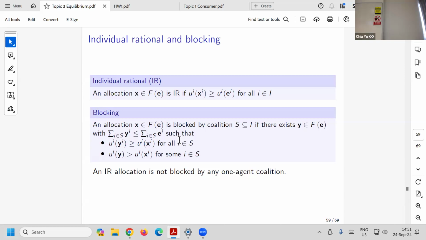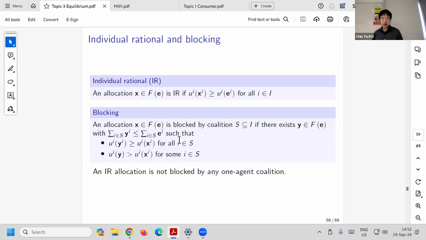Productive efficiency means that things that everyone can benefit from, we should do. So we kill off something that doesn't benefit everyone, but it allows too many things to be there still. Okay. So we will allow a stronger condition.